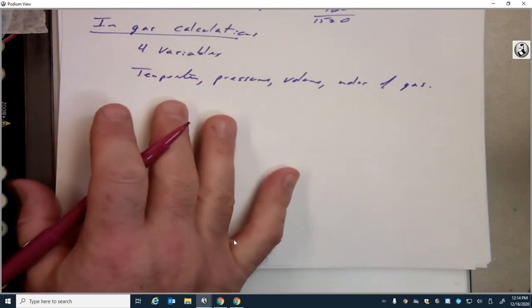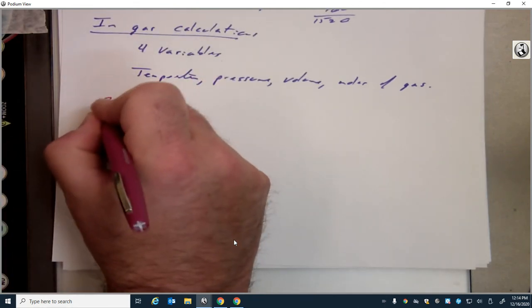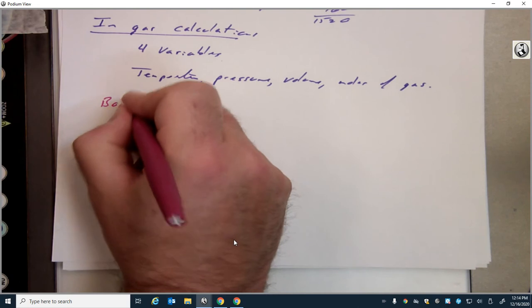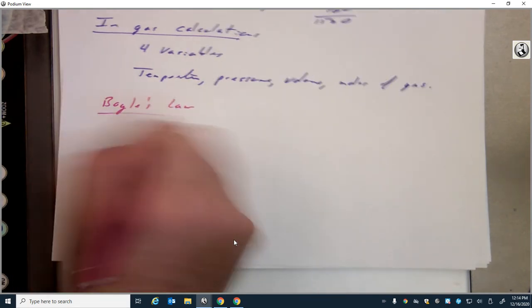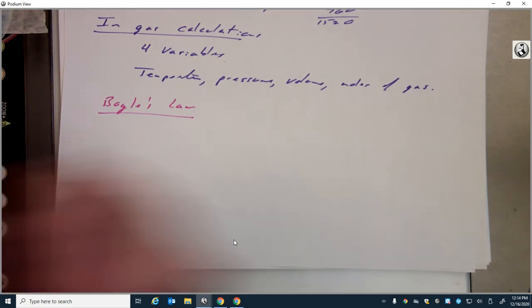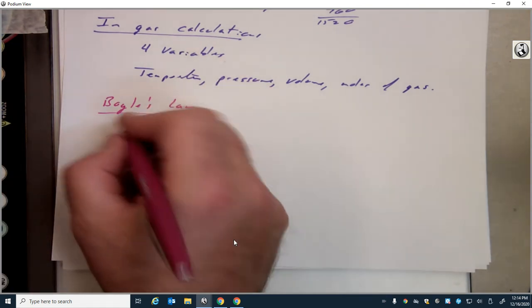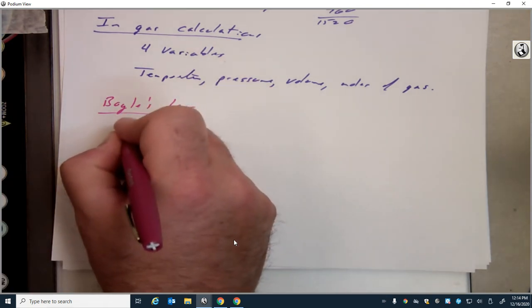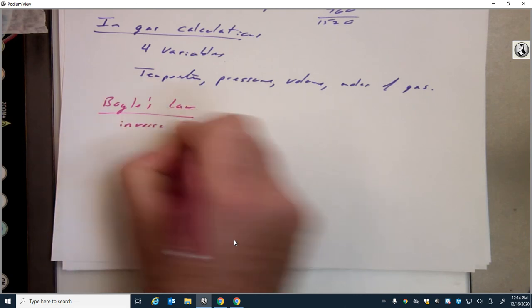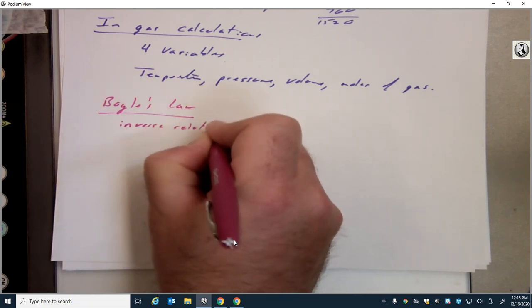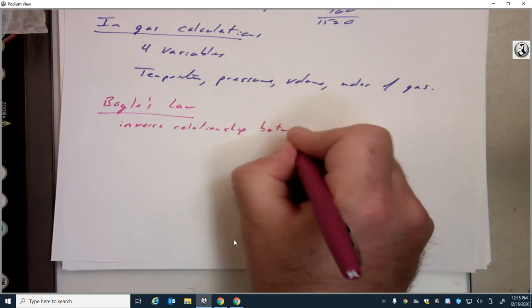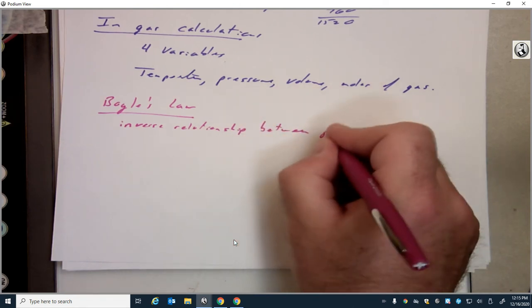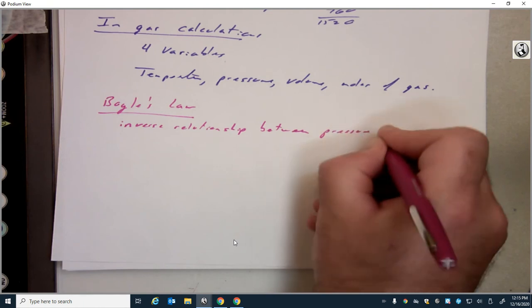First gas law I want to talk about is Boyle's law. And Boyle's law is an inverse relationship between pressure and volume.